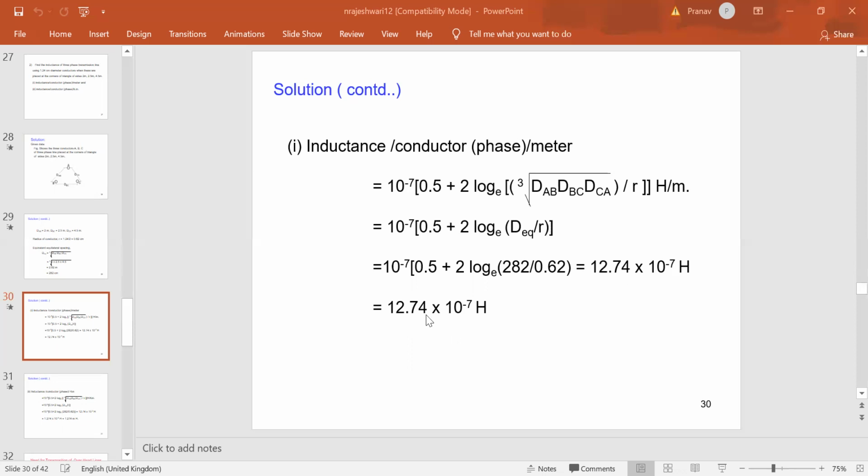And 12.74 × 10^-7 Henry is the inductance per conductor per meter.